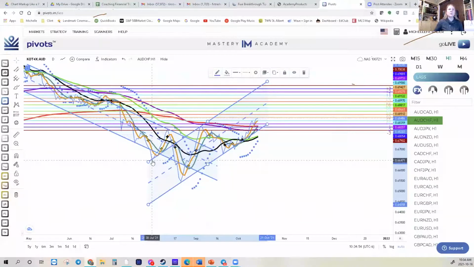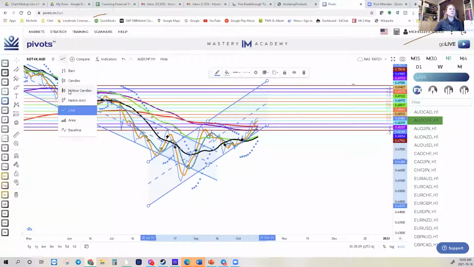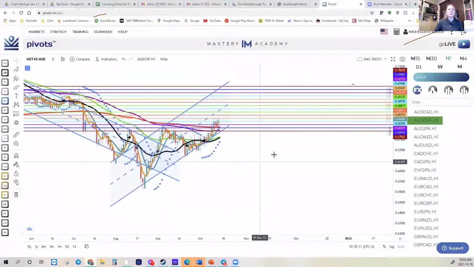So now I've got resistance here, touch here, and then I'm going to take this and I'm going to go, okay, right there. Let's see how that works out. My candles back on. Okay, so again, it resisted a little bit.